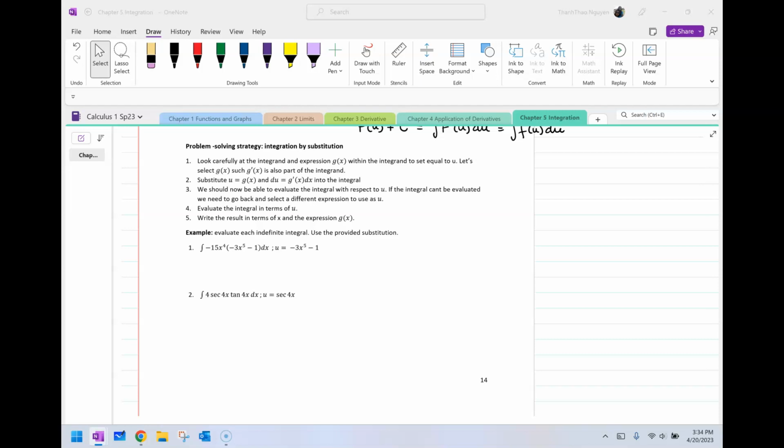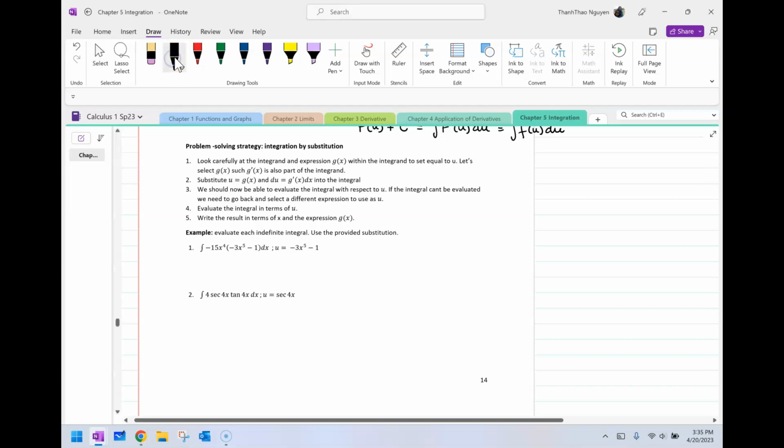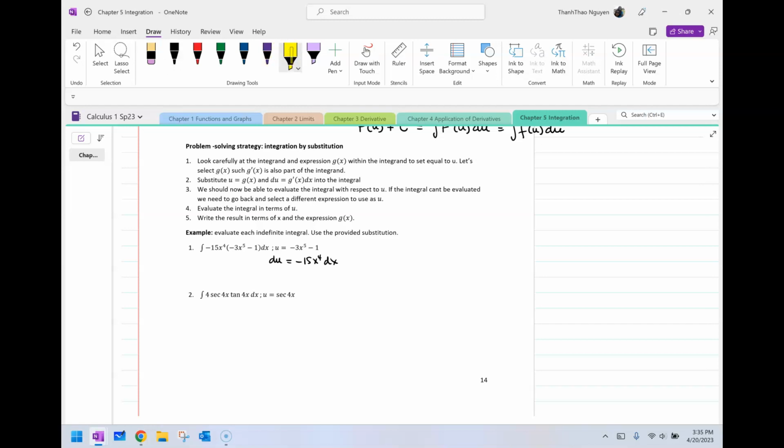Okay. So here in this first problem, we're given this integral, and we're told that we want to use u equal to negative 3x to the fifth minus 1. So now that we have u equal negative 3x to the fifth minus 1, that would mean du is equal to negative 15x to the 4 dx. And let's look at our integral. Here this is negative 15x to the 4 dx.